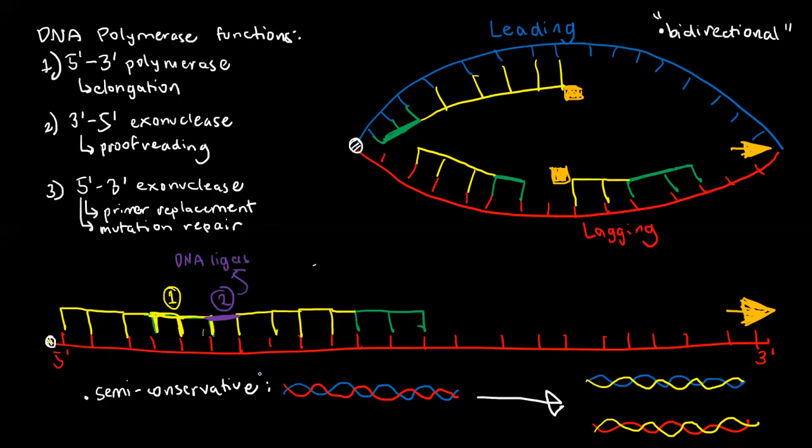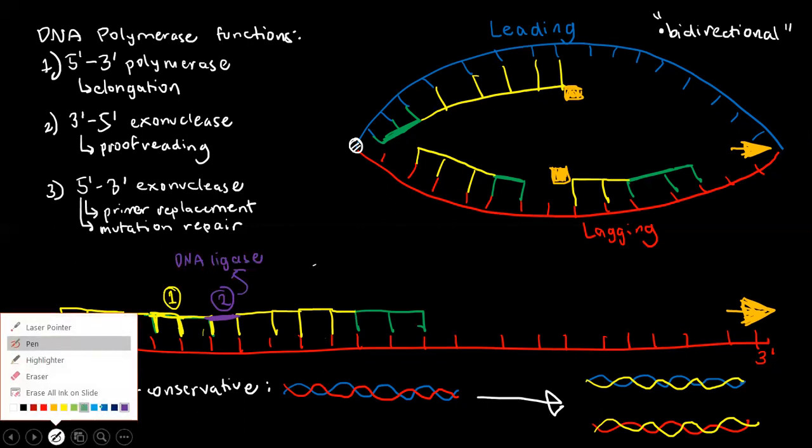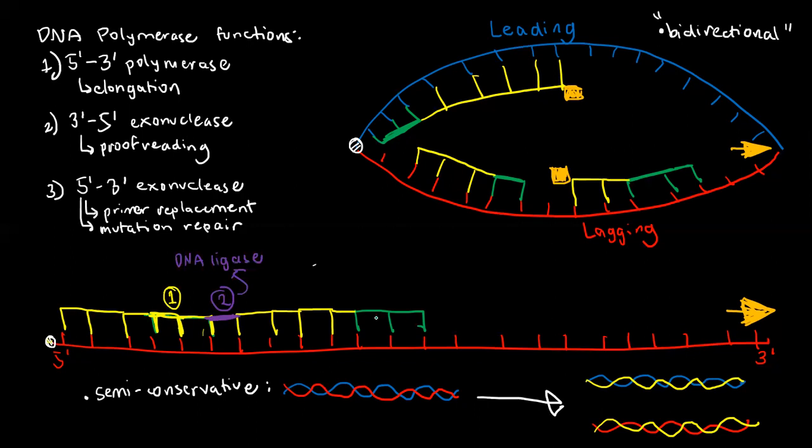Okay, so in that case, you now see that the two Okazaki fragments are connected. This is now one long strand. And this will happen again and again and again. So if you want to see that happen once again, this is one big Okazaki fragment already. Then I could make another one.